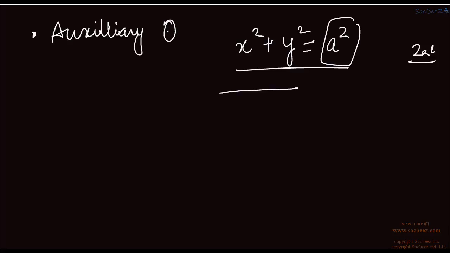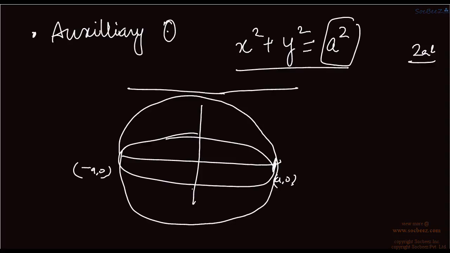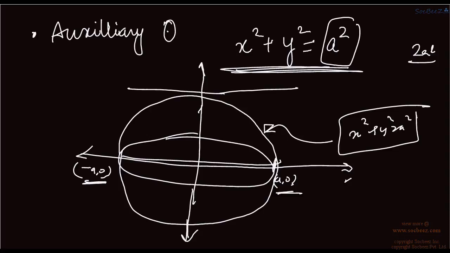So for an ellipse like this, if this is a comma 0 and this is minus a comma 0, this circle will be like this, touching a and minus a, because they satisfy this equation, x square plus y square is equals to a square. This is the auxiliary circle. So these 2 points will satisfy this equation, and the auxiliary circle is made like this. This is the y-axis extended, this is the x-axis.